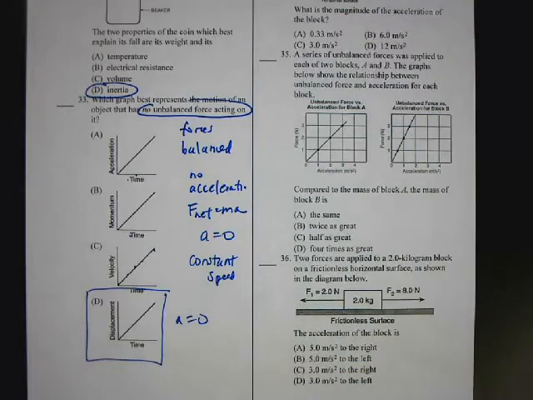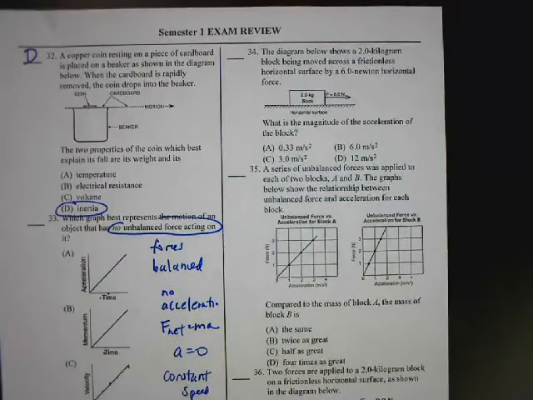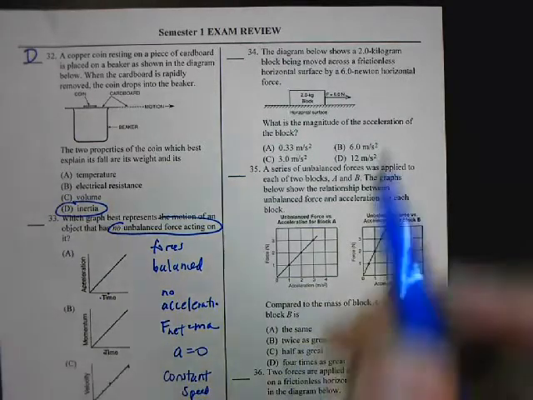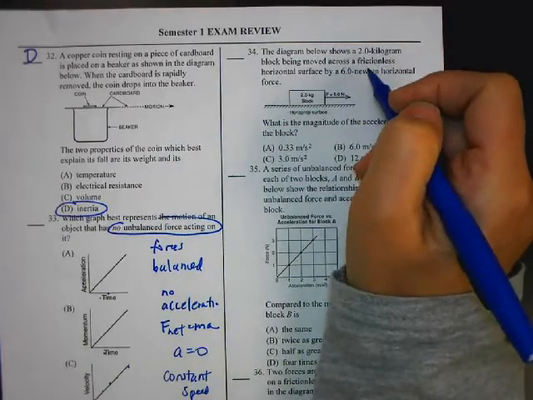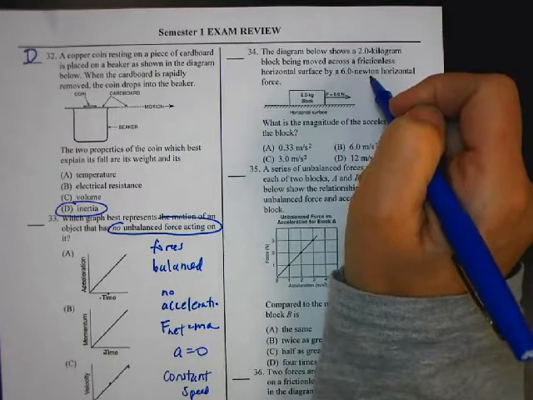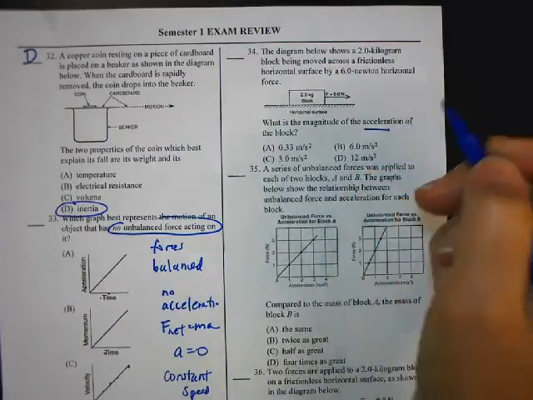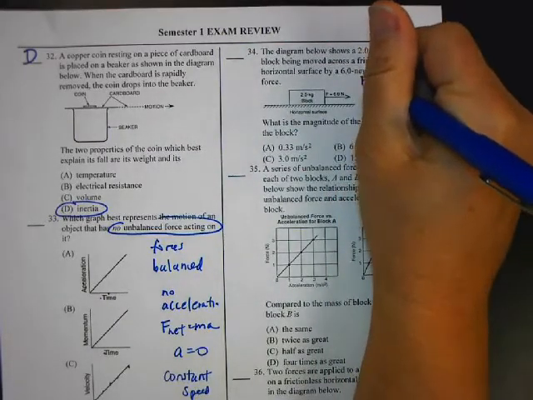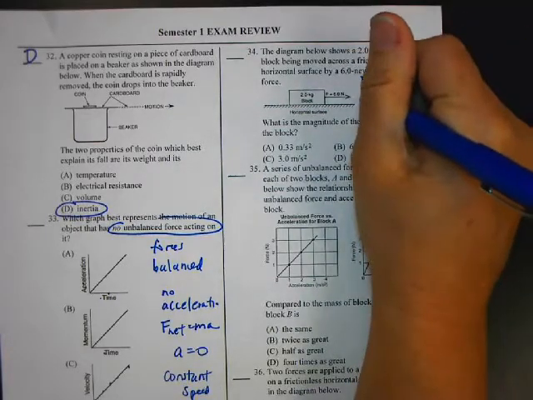All right, now let's look at question 34. It says, the diagram below shows a 2 kilogram block being moved across a frictionless horizontal surface by a 6 Newton horizontal force. What is the magnitude of the acceleration? So I know that F net is equal to ma. That's Newton's second law. So a is equal to F over m.